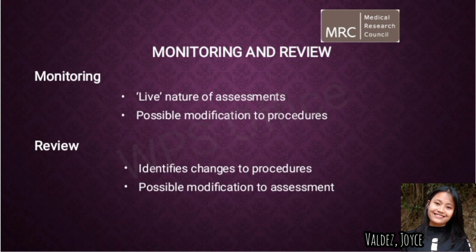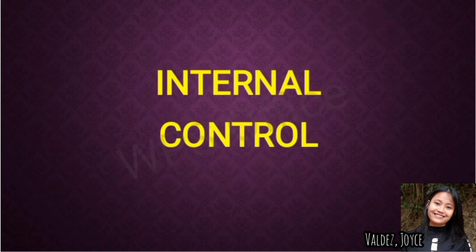Or in simpler words, we can say that this must occur to see whether the measures implemented have reduced risk effectively and whether more needs to be done. So now let's move on to the definition of internal control.